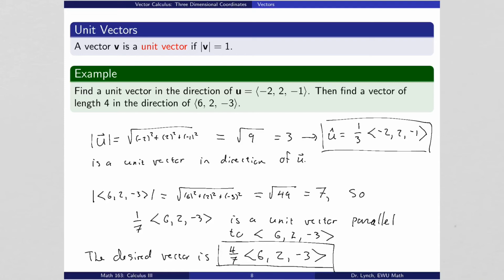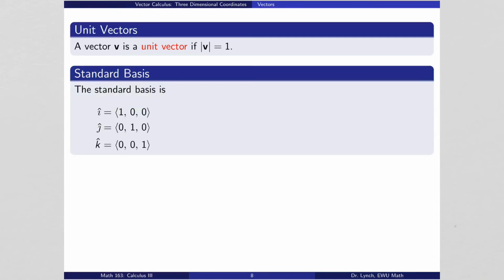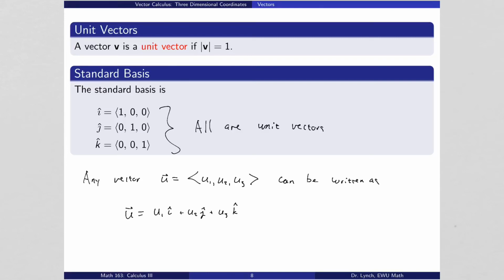Okay, a quick comment about a couple special unit vectors. The standard basis are special unit vectors. They're i, j, k, and they're special because they're unit vectors, obviously, and they can also be used to describe any vector. So again, these all have unit length.